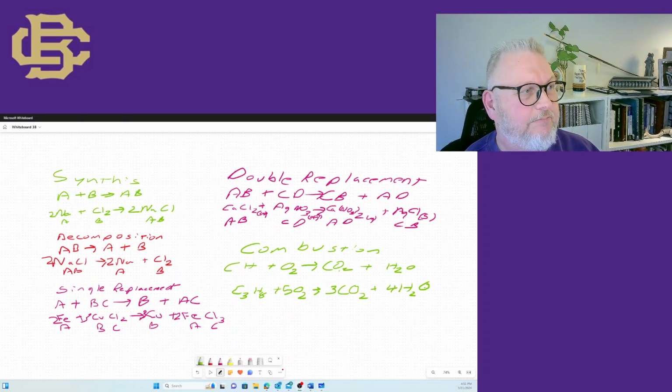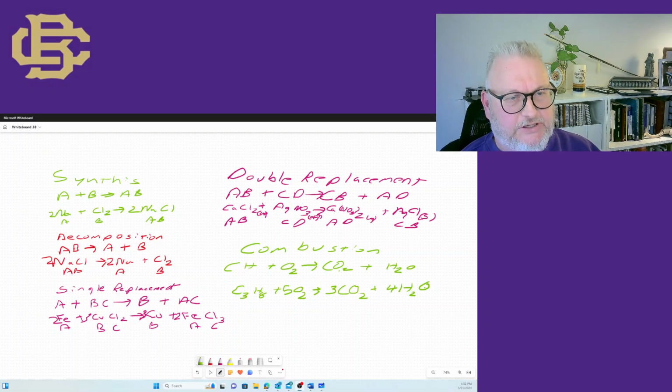That is combustion. And those are your 5 types of reactions. I think you'll be able to handle these real easily. Just look for what I'm telling you. You got your synthesis, 2 singles on the reactant side, they combine together for one product. Decomposition, you have one reactant that splits up.